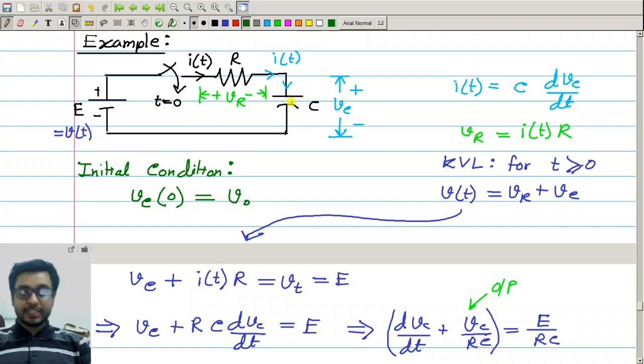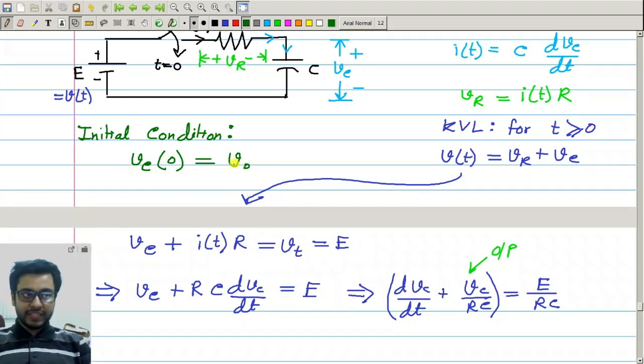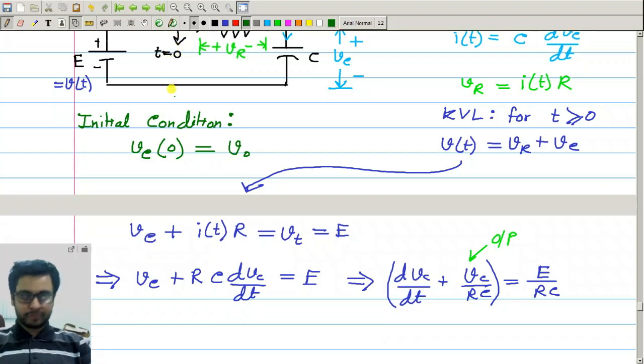To change this voltage we need some current to come and some charge to accumulate here. For that we need some small amount of time, no matter how small. So initial voltage will be V0, that is the voltage before the switch was closed.